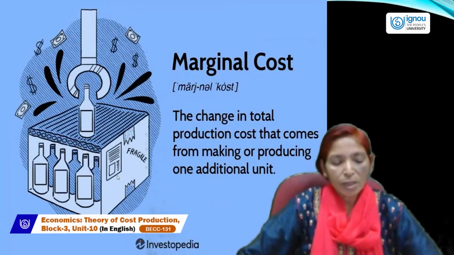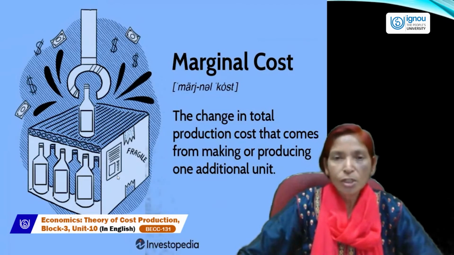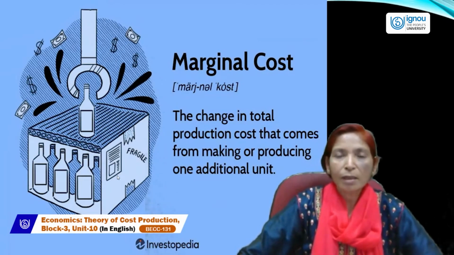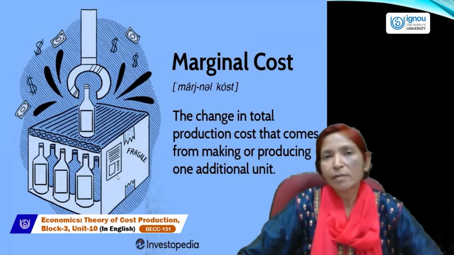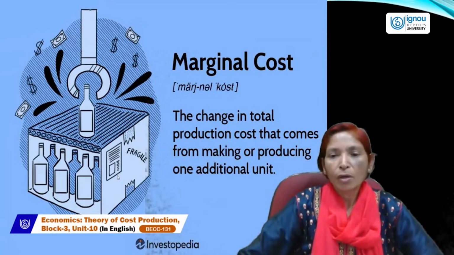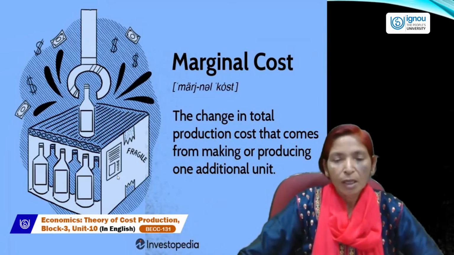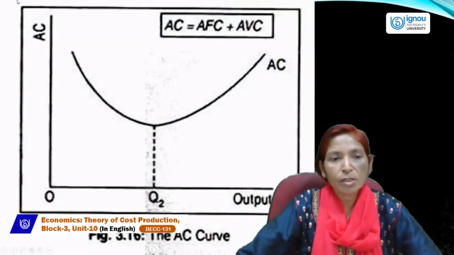The change which happens in total cost is called marginal cost, and we can calculate marginal cost by using the formula TCn minus TCn-1, and the other formula is delta TC upon delta Q. Now next, this is the shape of the average cost curve.